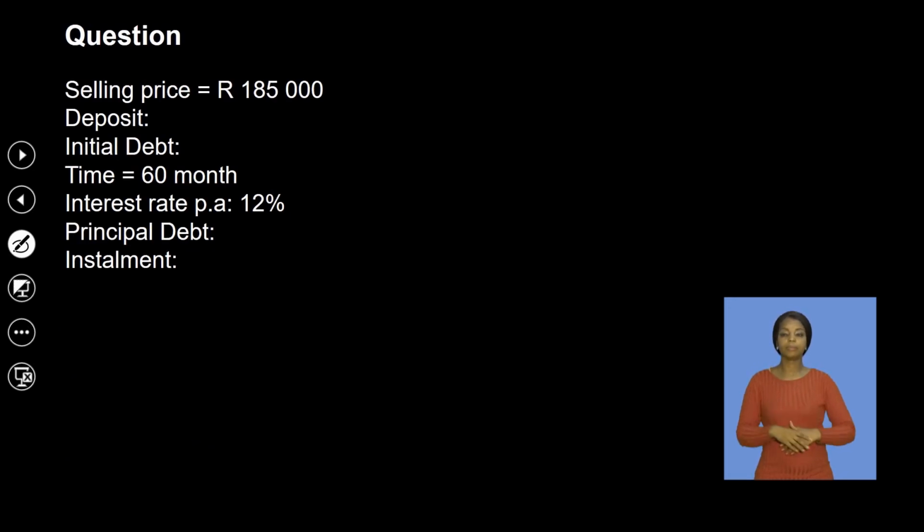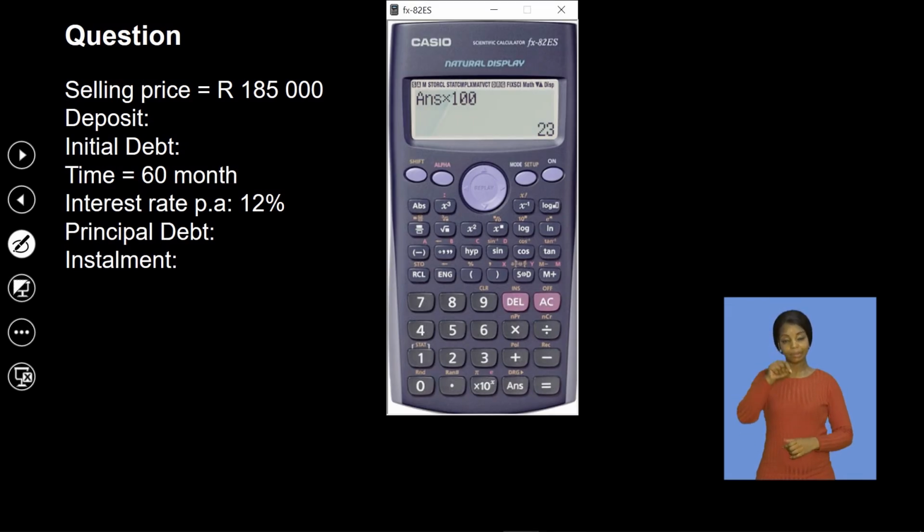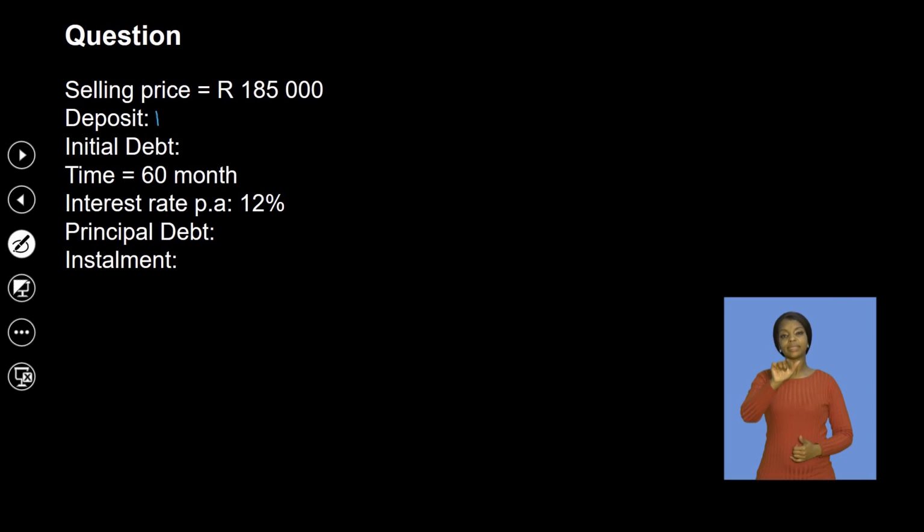So we know that the selling price is that, the deposit is 25% of that, right? So we firstly need to find what is 25% of 185,000. And this will be 46,250. Right, so her deposit is 46,250.